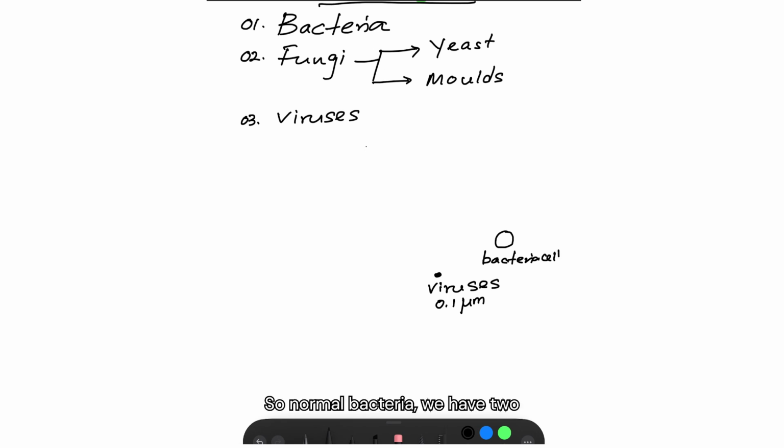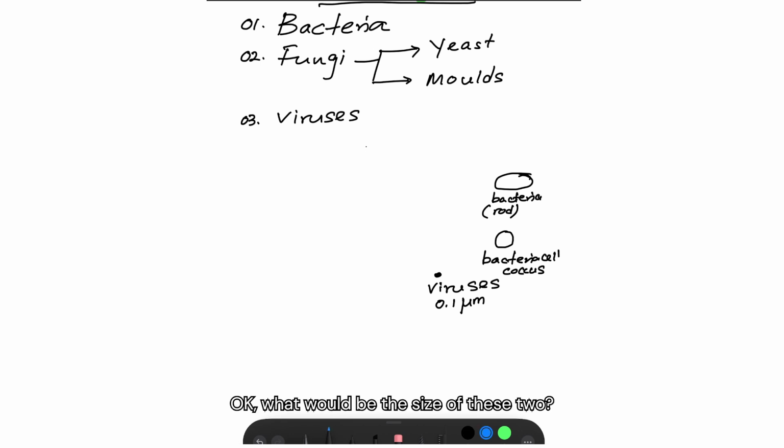Normally we have two types of bacteria. The first one is circular, which we call coccus. The other type is a rod shape.